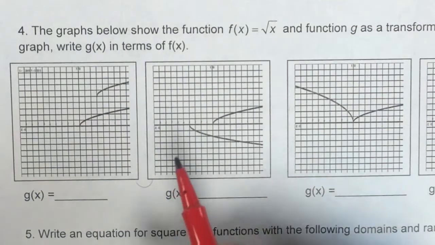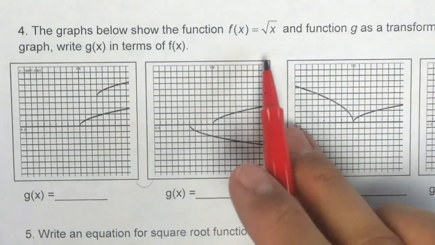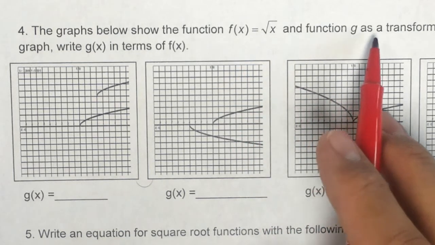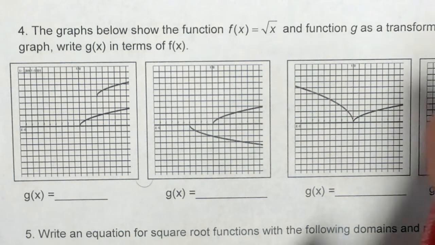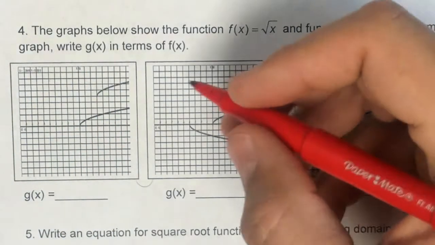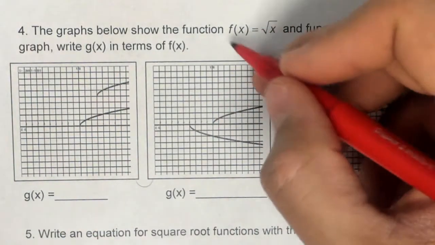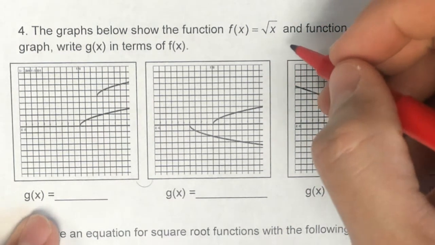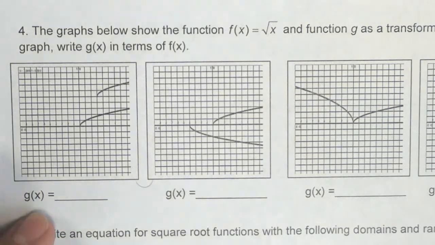Alright, number 4, the graphs below show the function f of x equals the square root of x and function g as a transformation of f. For each graph, write g of x in terms of f of x. This is that one where we're going to actually use f of x instead of the actual function. So what is happening to this?